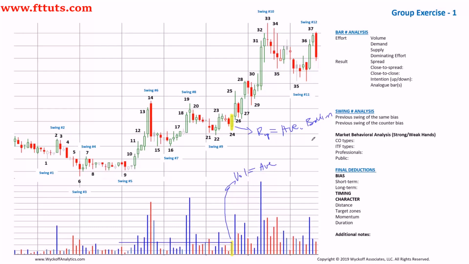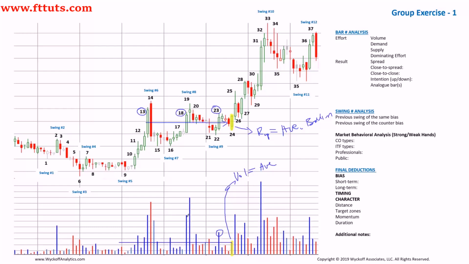Why average bullish? Well, because it's not as big as other bars. So let's say, look at bar number 23, look at bar number 18, look at bar number 13. Those are the bars in the same area. They are at the same price level. So 24 is definitely the smallest out of them all.